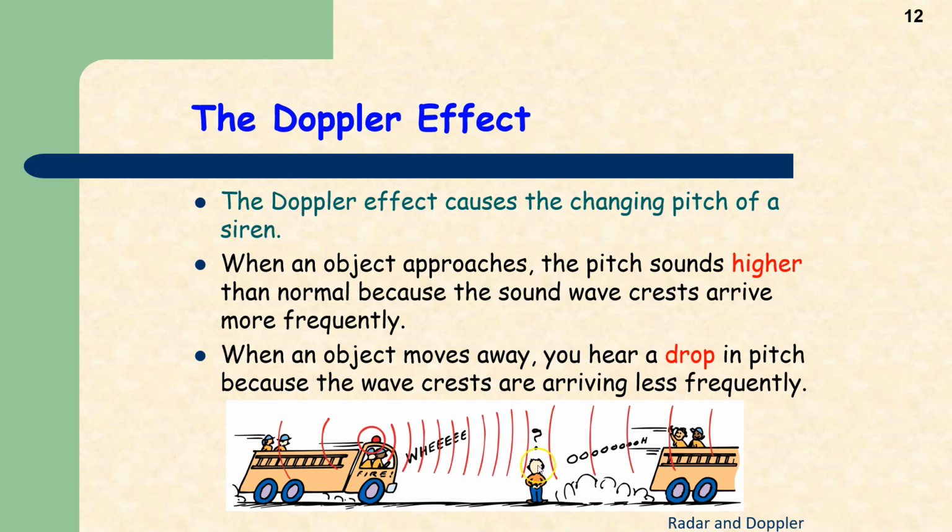The observer hears a higher frequency because the waves are pushed together, and then they pass. Now the source, the fire truck, is driving away from the waves, spreading them out. The wavelength gets longer, the frequency goes lower, and that's the ooh sound of a race car.